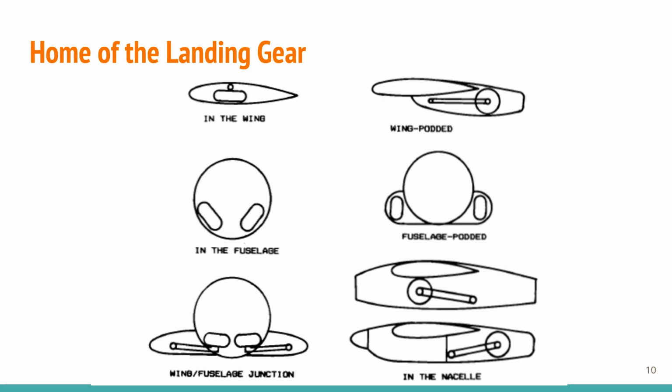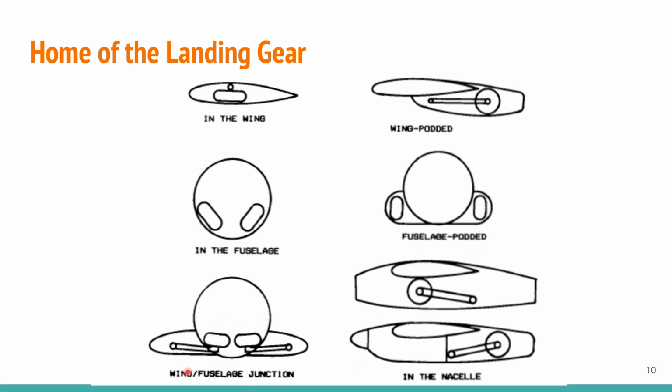This is the bay for landing gear. We can say it is the home of the landing gear. The first picture shows the landing gear embedded in the wing, in the second case it is placed behind the wing, in the third case it is settled inside the fuselage side, and in the fourth case we can provide an extra carriage which is used for stowing the landing gear.